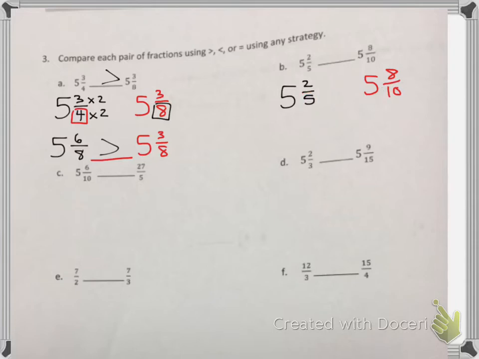Let's use multiplication to do that. I know that I can change this fifth into a tenth by multiplying by 2. Now my mixed number has changed to 5 and 4/10. Now we have common denominators, if you see right here, 10 and 10.